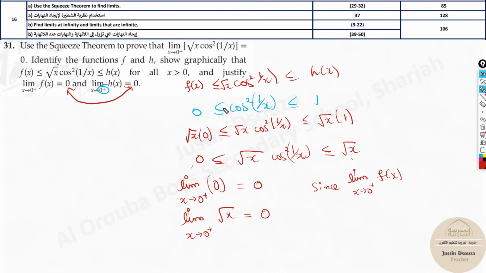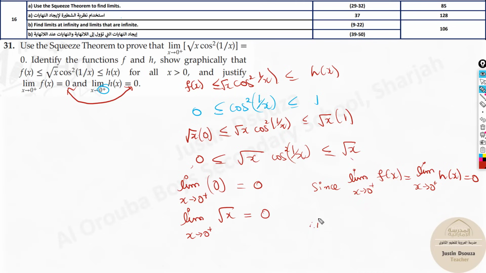Cos square 1 by x, the range we write, we multiply by root x and get this function. And then we start simplifying with the squeeze theorem. It's very simple once you understand the concept. Since the limit of f of x is equal to the limit as x tends to 0 from the positive side of h of x, this next function, is equal to 0.